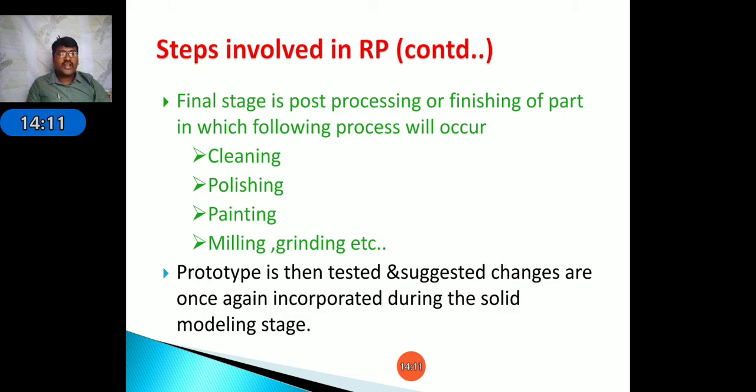Next, the prototype is tested and suggested changes are incorporated after the completion of post-processing. We have to test the prepared object to see whether it matches the design requirements or not. If it matches, okay; otherwise we can change it as per the design requirements.